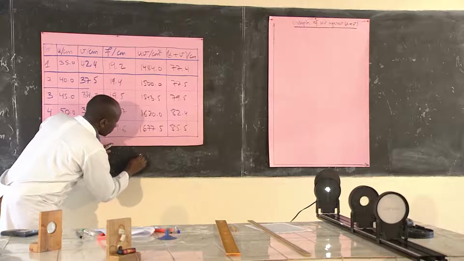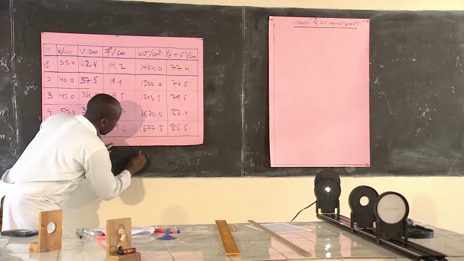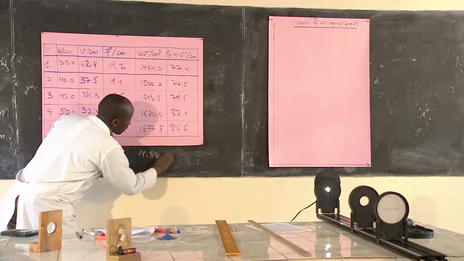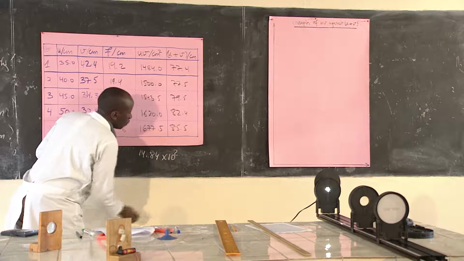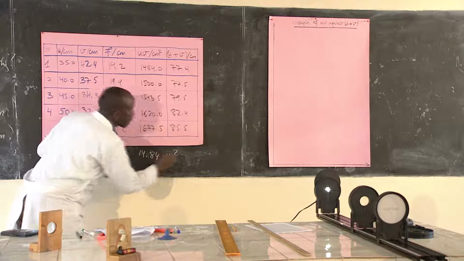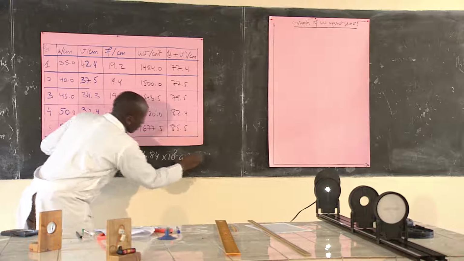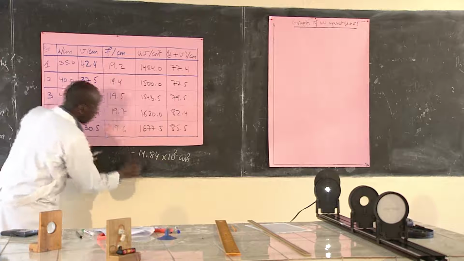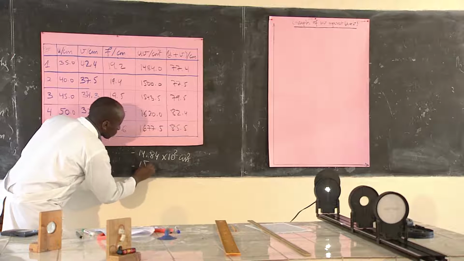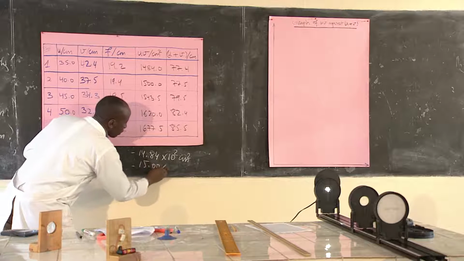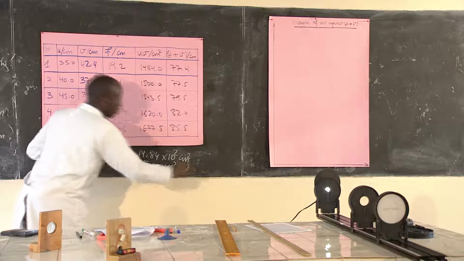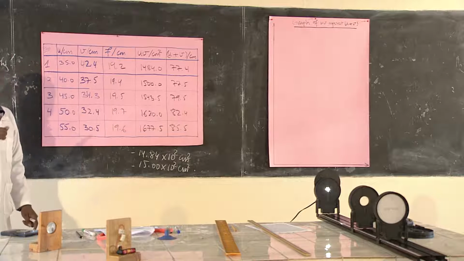We say that, what if like that 14.84, and then we say times 10 power 2, and then this is going out to be centimeter square. Do you see this value? And that is 1. And then another value, we say this is 15.00, and then times 10 power 2 centimeter squared, and so on.